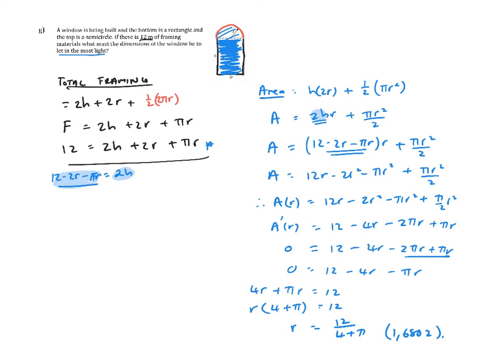All right, and then you just need to find h. So remember we had 2h is equal to 12 minus 2r minus pi r, and so therefore 2h is going to equal 12 minus 2 times pi, 12 over 4 plus pi, minus pi times 12 over 4 plus pi.